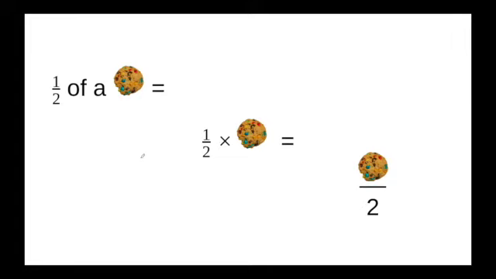Now, this here is a really important thing that I'd like everybody to consider. If you have half of a cookie, then that is the same as a half multiplied by that cookie, which is the same as the cookie on 2. Now, this is something that is supremely important that a lot of students just can't figure out.